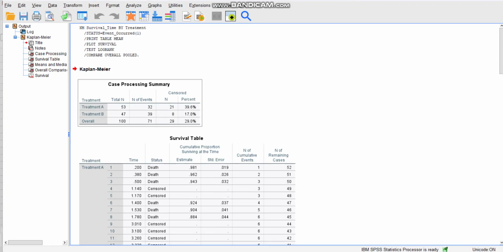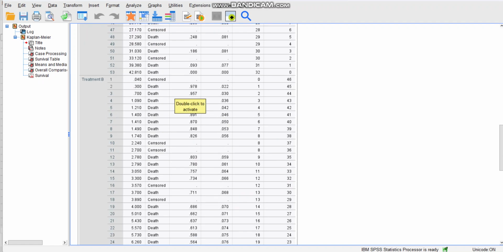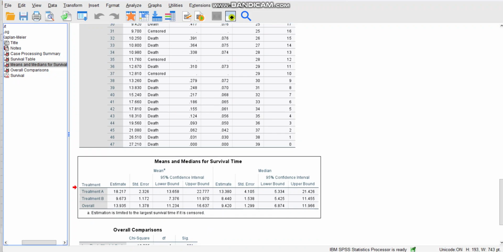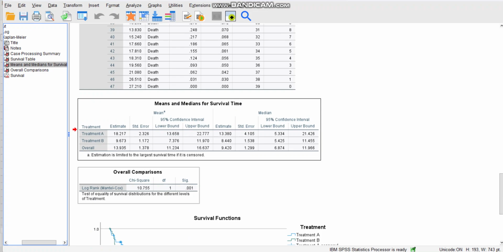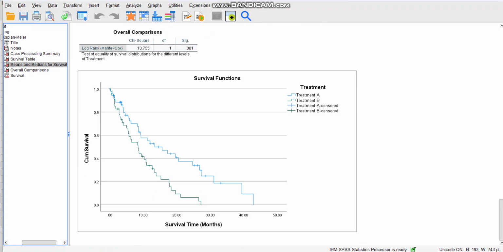So here are our results in SPSS: case processing summary, survival table, means and medians for survival time, overall comparison using the log rank test, and this nice chart for comparing between treatment A and treatment B.